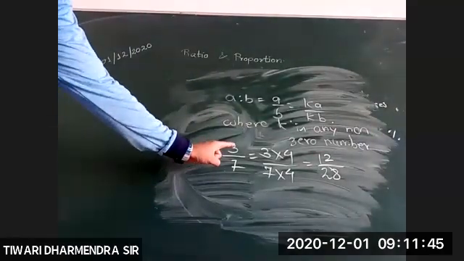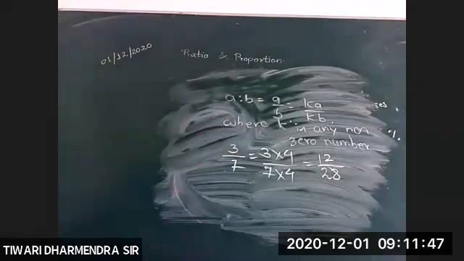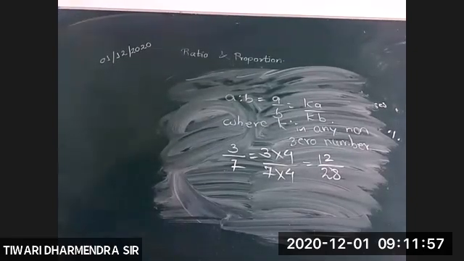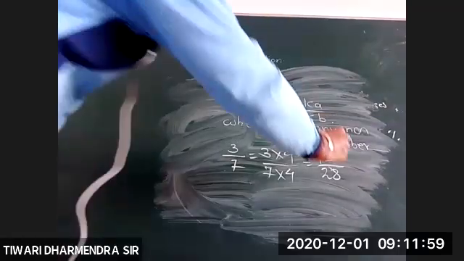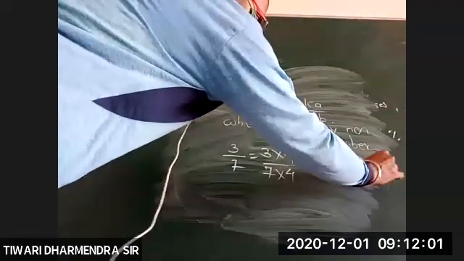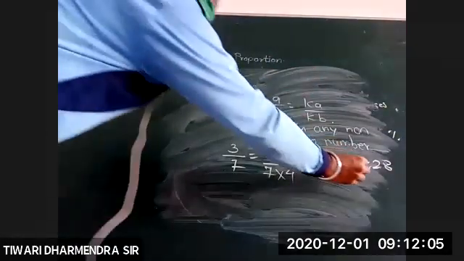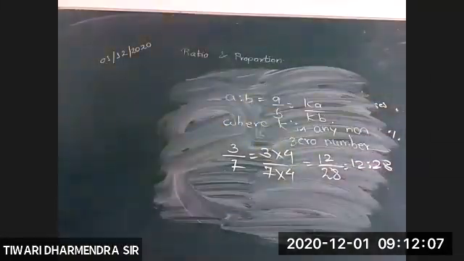So the ratio 3 is to 7 is the same as 12 is to 28. We can write 12 is to 28 as 12 divided by 28.